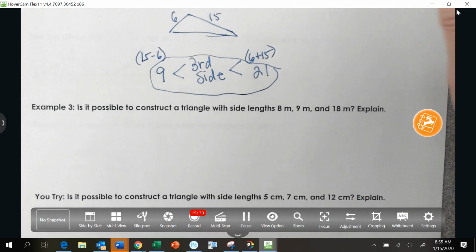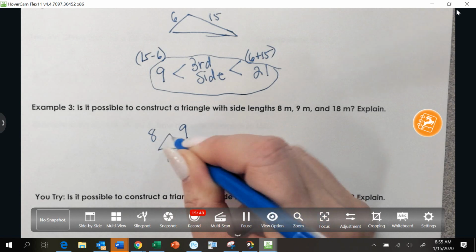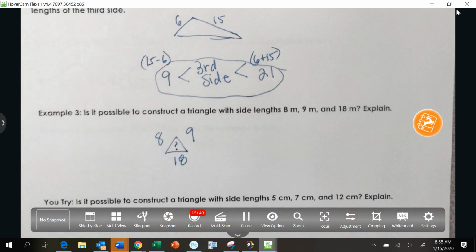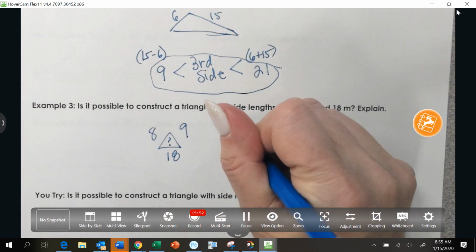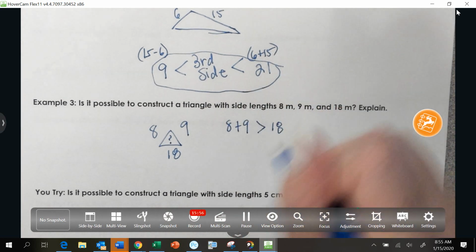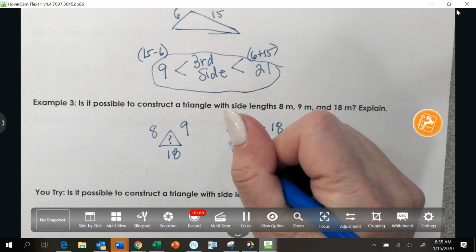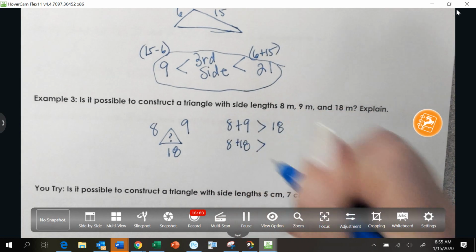Is it possible to construct a triangle with sides 8, 9, and 18? The sum of two sides has to be greater than the third side. So if I add 8 and 9, it has to be greater than 18. If I add 8 and 18, it has to be greater than 9.